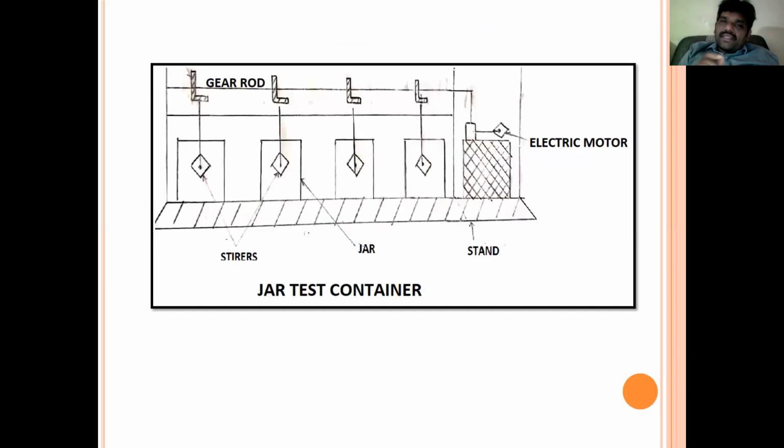We have seen this jar test container. You might have seen this container in your E-lab, I think so. We have this equipment in our laboratory also. When you come to the lab, you may get full detail about this jar test container physically also.